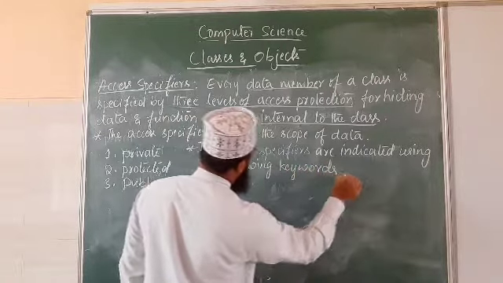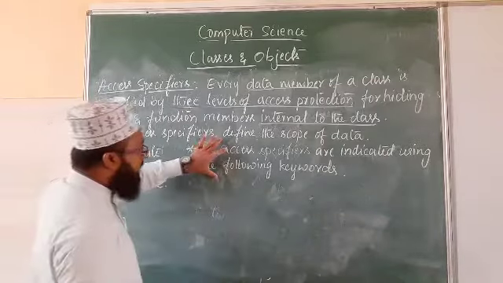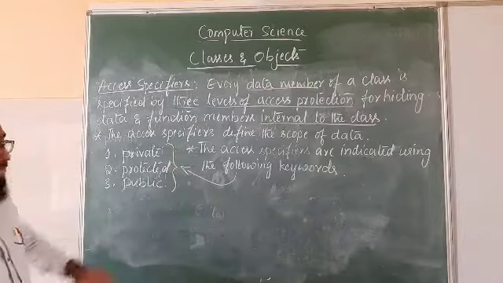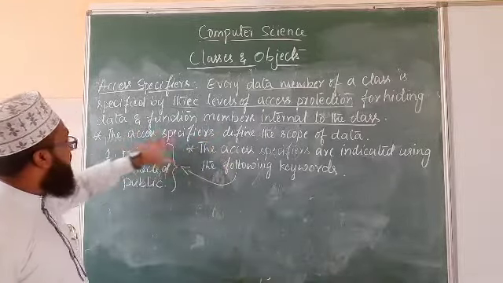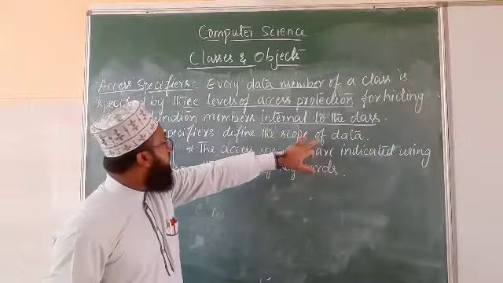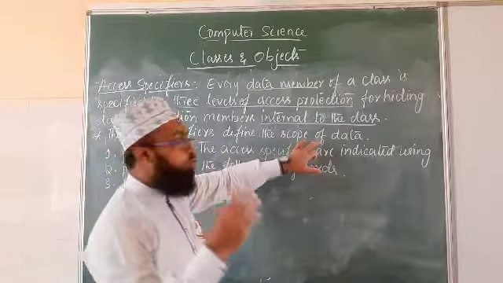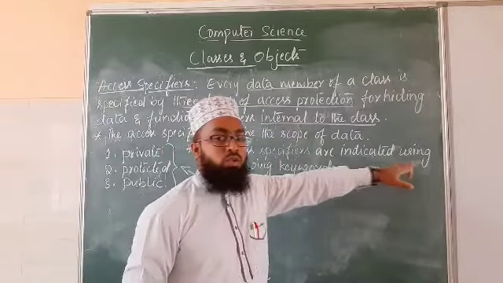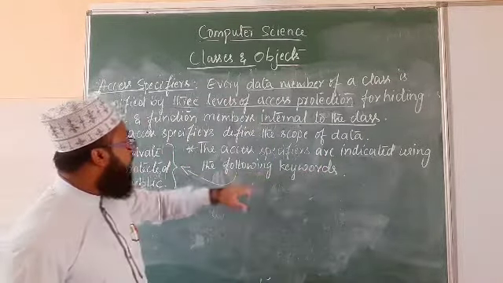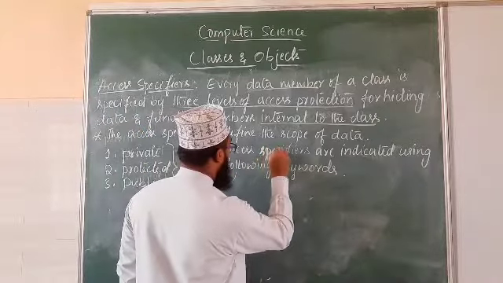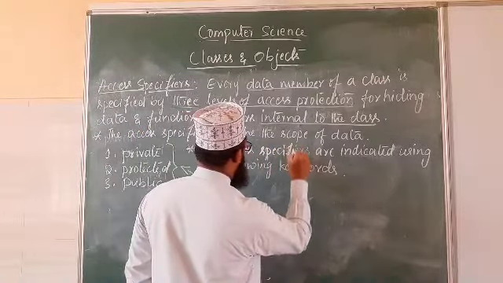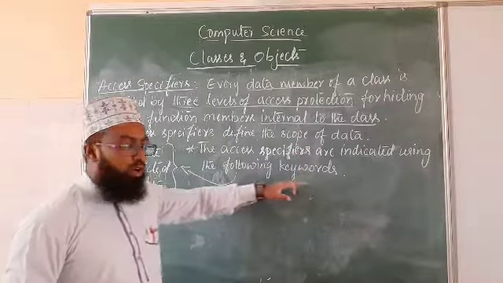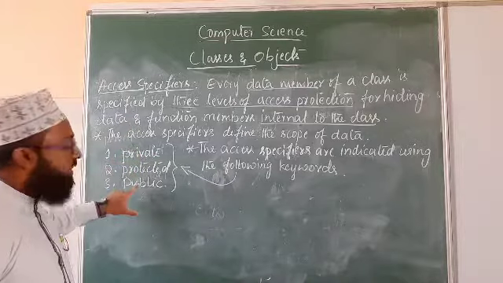Write these things after the point that access specifiers define the scope of data. The access specifiers are indicated using the following keywords. Then after that, write down these three keywords: private, protected, and public.